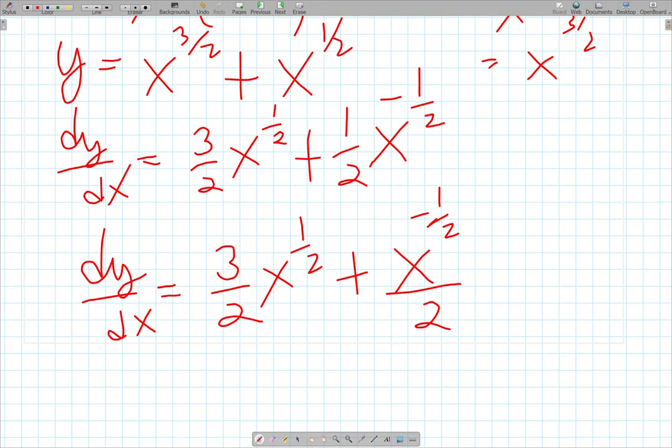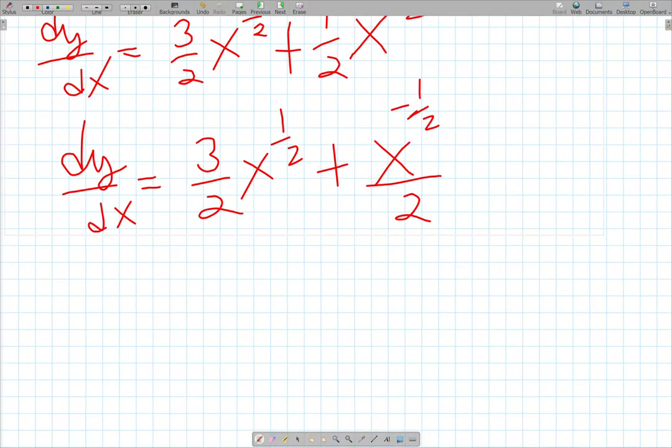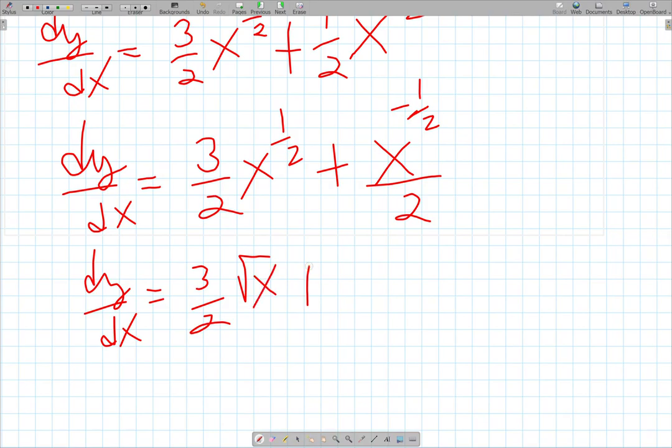Okay, so dy over dx is equals to 3 over 2. Ang ibig sabihin, class, ng x to the 1/2, that's the square root of x, no? Pwede rin, no? Yan. Then plus, yan, 1/2.